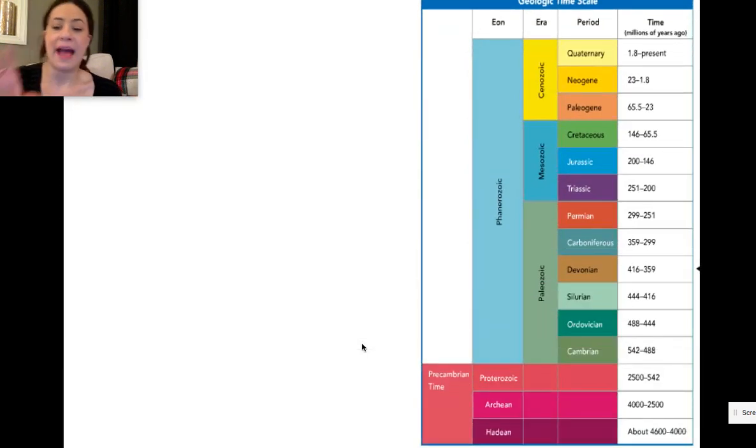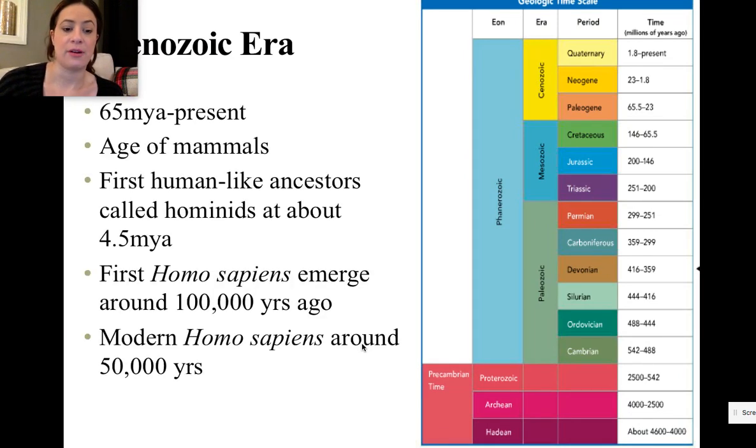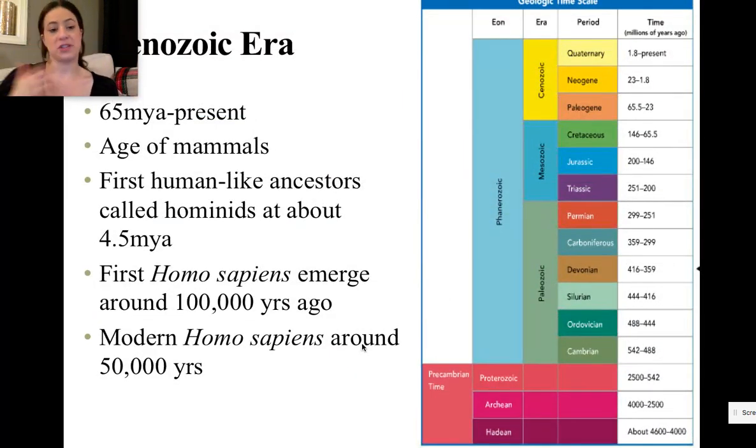And so we have our age of fish, then we have our age of reptiles, and then we're in the current era, which is the Cenozoic era, and we have the age of mammals. That's from 65 million years ago to the present time.